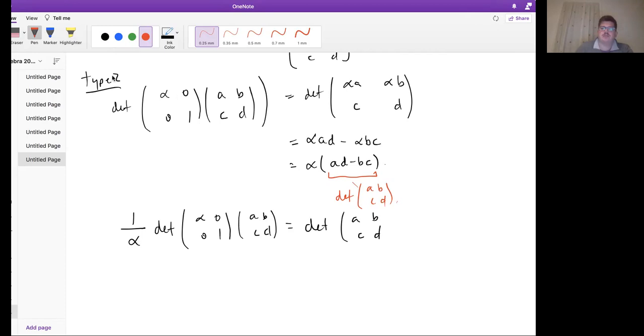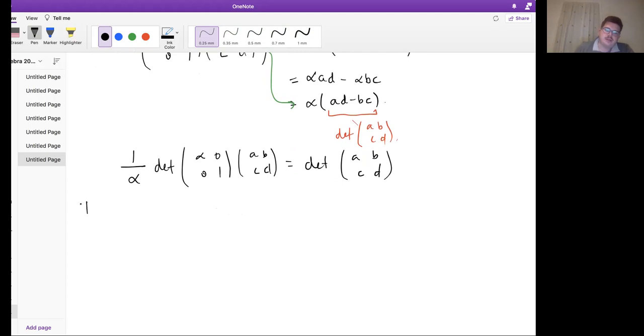I'm just solving for the determinant of A, B, C, D. Does that step make sense? So yeah, I'm just dividing by alpha on both sides.